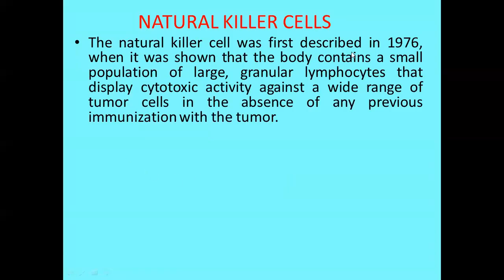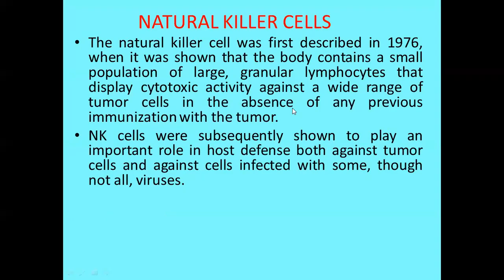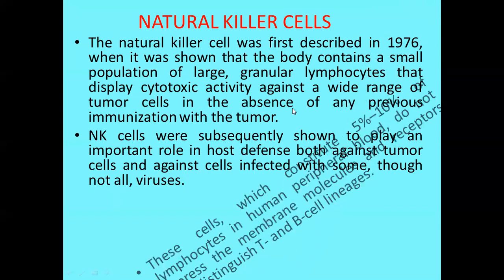The natural killer cell was first described in 1976, when it was shown that the body contains a small population of large granular lymphocytes that display cytotoxic activity against a wide range of tumor cells in the absence of any previous immunization. Natural killer cells were subsequently shown to play an important role in host defense, both against tumor cells as well as cells infected with some, but not all, viruses.